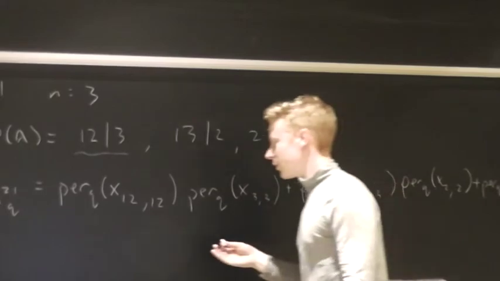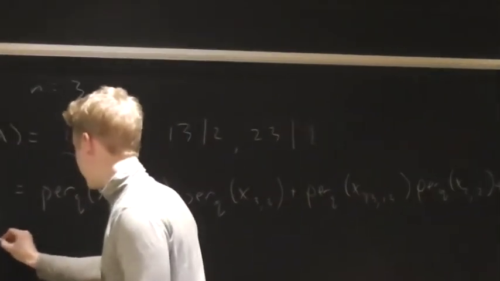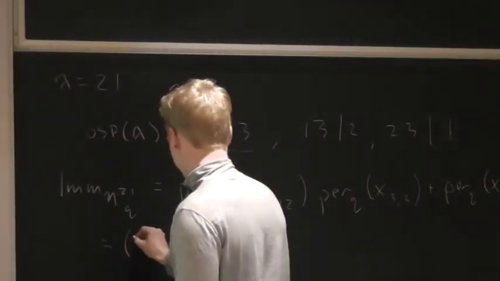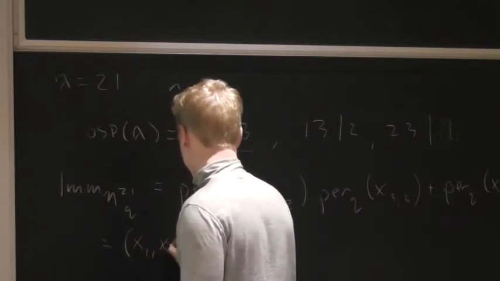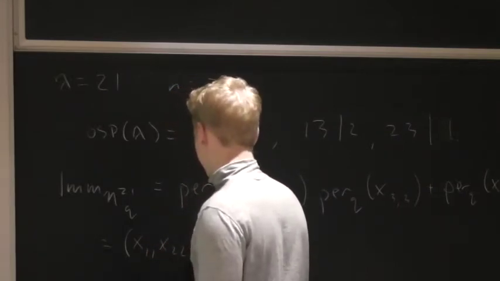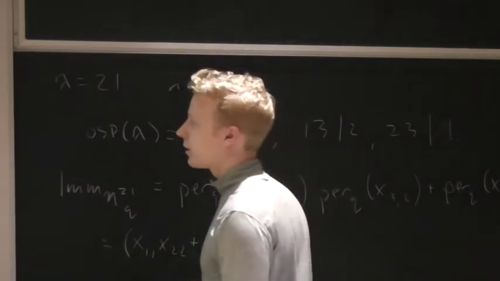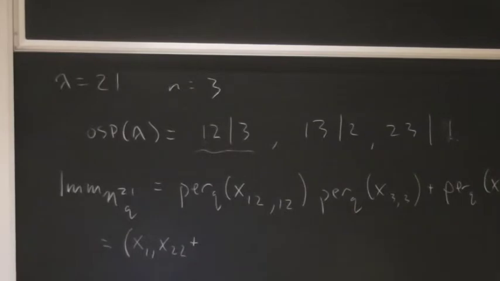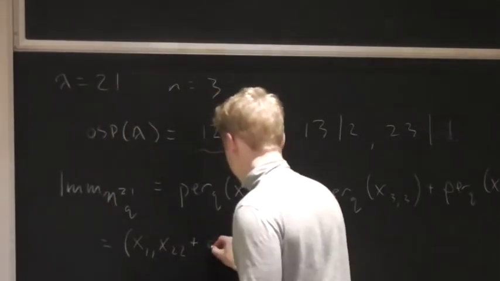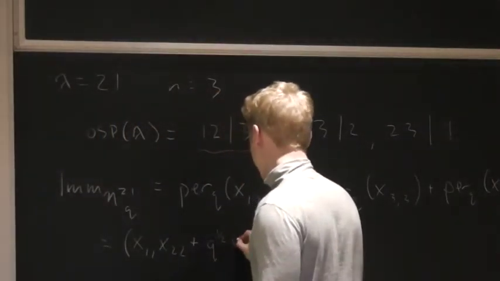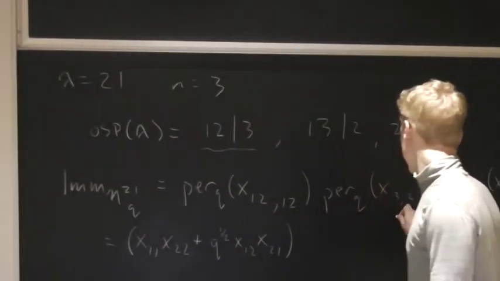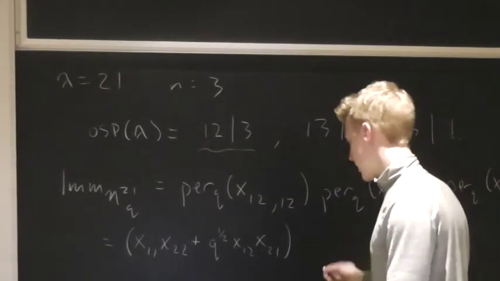Just to write that out completely explicitly, the permanent of this submatrix would be x1,1 times x2,2, plus, and this is where it's different, it's a quantum permanent, so we get this factor: q to the 1/2 times x1,2 x2,1. And the permanent of a one-entry submatrix is just that entry.